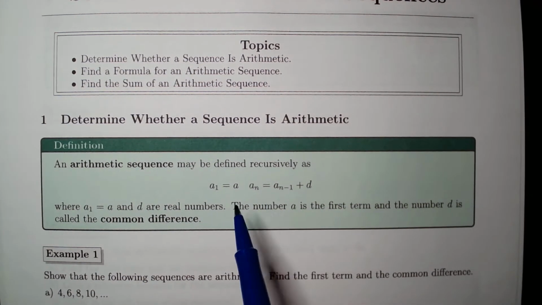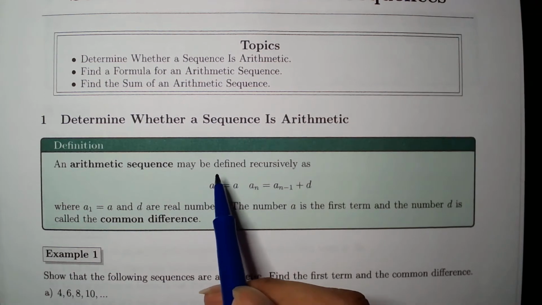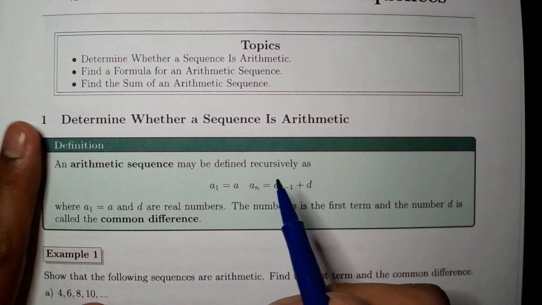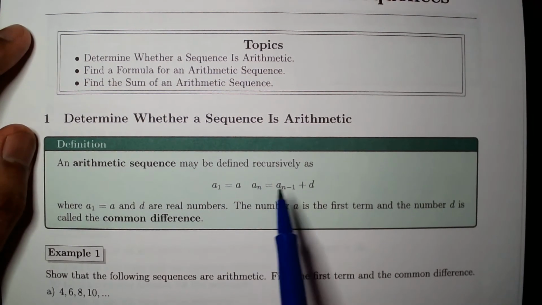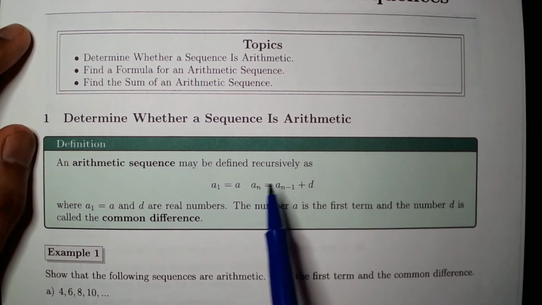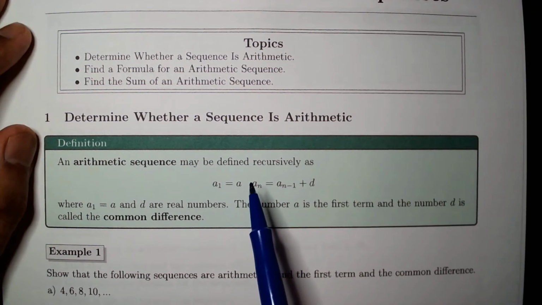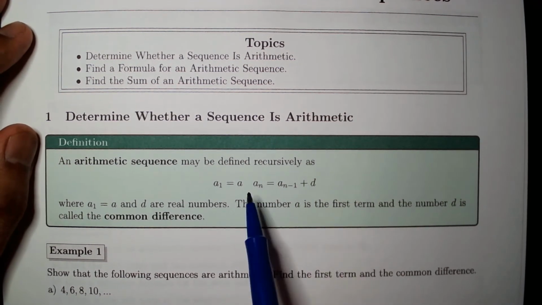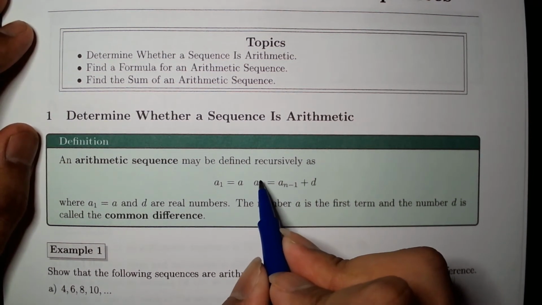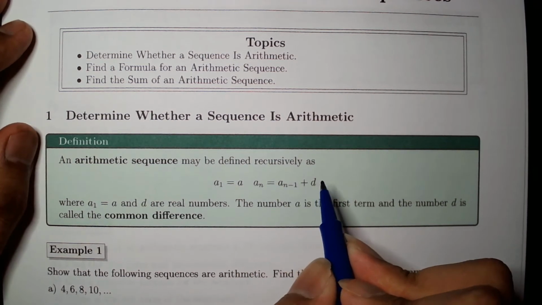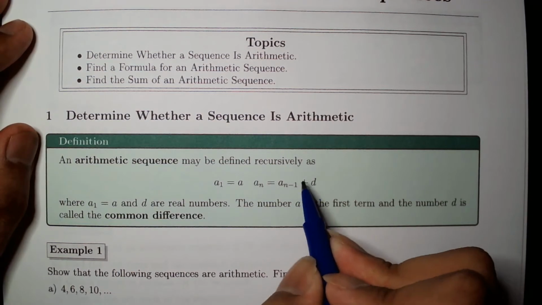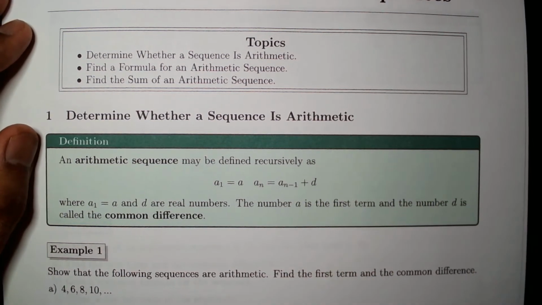If you recall this notation from the previous section, we did a couple of examples using recursively defined sequences. The next term relies on the previous one plus some difference, and this difference is always constant, never changes.